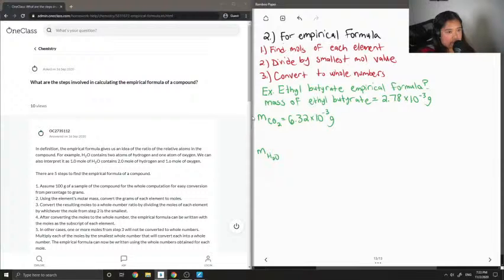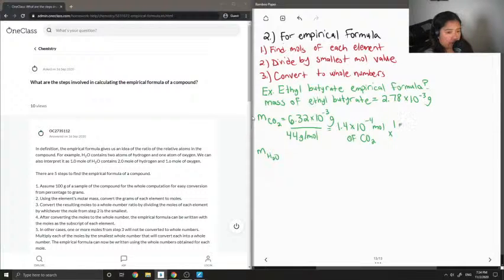Step 1 says to find the moles of each element. So I'm going to find the number of moles of carbon from the carbon dioxide. To do that, we divide by its molar mass, which is 44 grams per mole, to get the number of moles, which is 1.4 times 10 to the negative 4 moles of CO2.